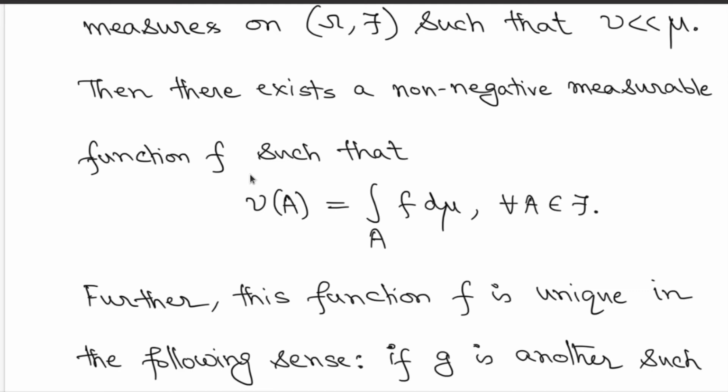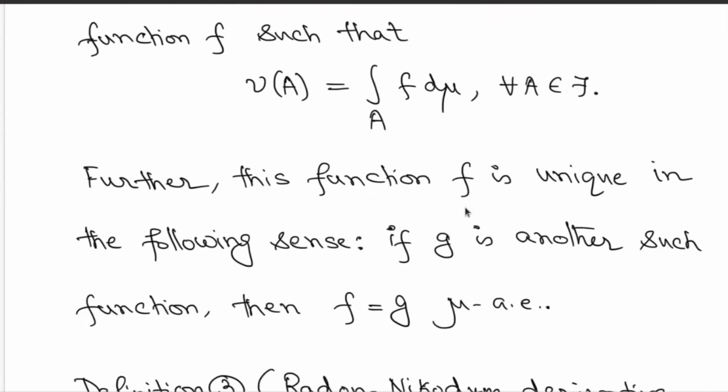Alright. Moreover, you can say something more about this representation, that this function small f is unique in the following sense. If you can write nu of A as an integration of g d mu over a set A, for another such function g which is also non-negative and measurable, then it can be shown that f is equal to g almost everywhere with respect to the first measure mu.